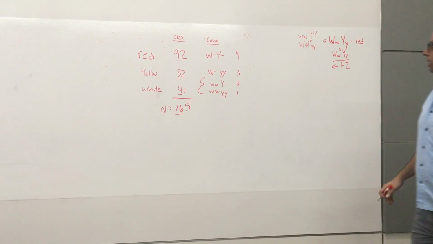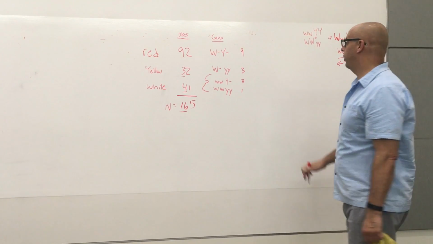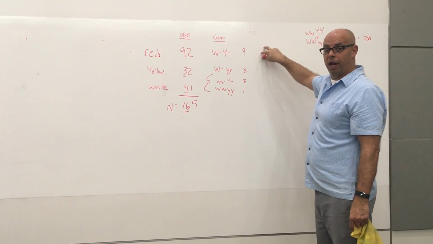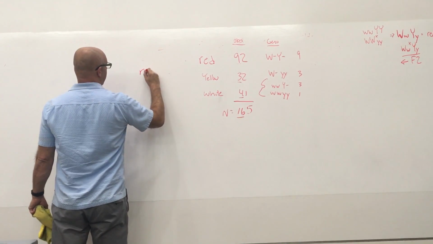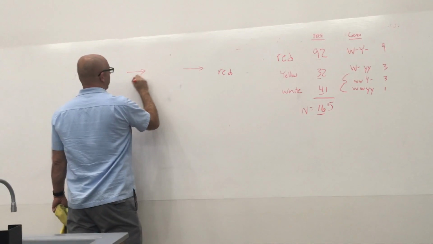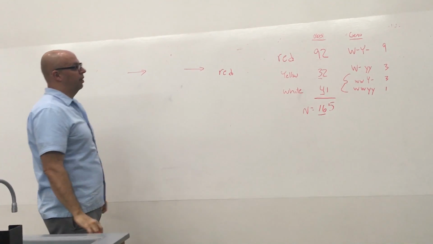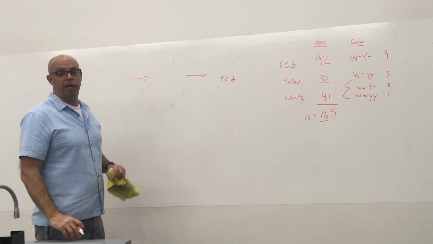Can we draw an epistatic pathway for that? What do you think? Where do we start? We know the 9, it's there by itself. So we say, okay, here's red. We know it has to have both of those. Where is the 3 going to be? Where is the yellow?